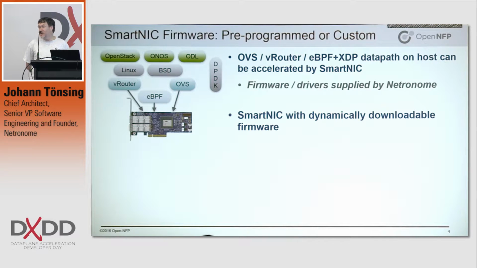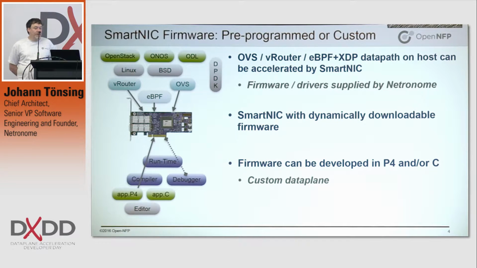In this case, we take advantage of that ability to dynamically change the firmware because we compile the eBPF program into firmware running on the flow processor. All of these can be accelerated by the SmartNIC with the appropriate drivers and firmware being supplied.